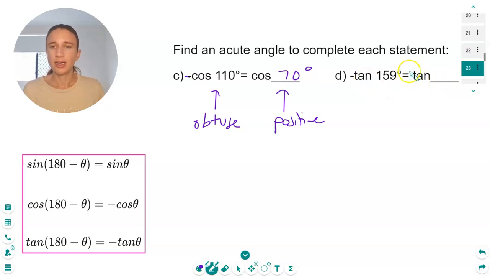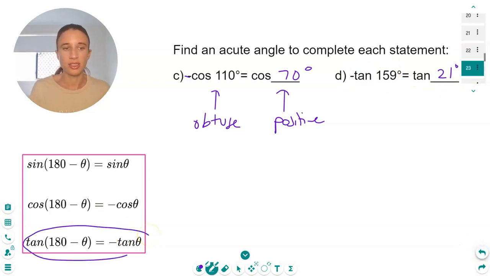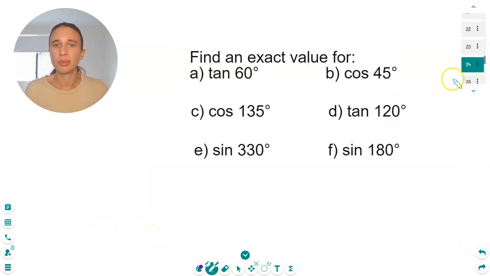Okay. Negative 10, 159. Again, just take away 159. Acute angles are positive in the first quadrant for tan, cos, and sine. And in the second quadrant, only sine is positive. So that's why you've got your obtuse angle as negative here, which corresponds to that relationship.